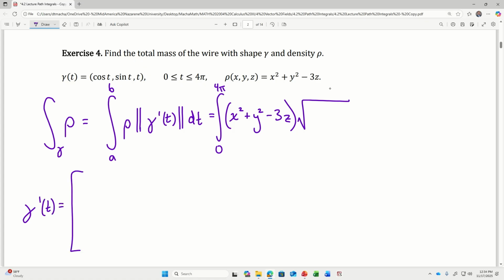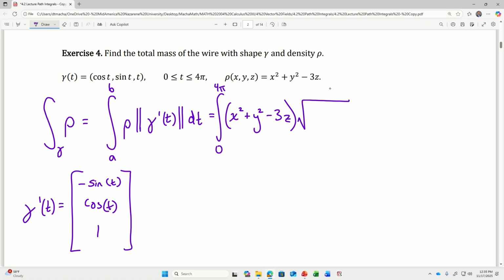Take it one step at a time so I don't make any mistakes. The derivative of cosine is negative sine. The derivative of sine is cosine, and the derivative of t is 1.